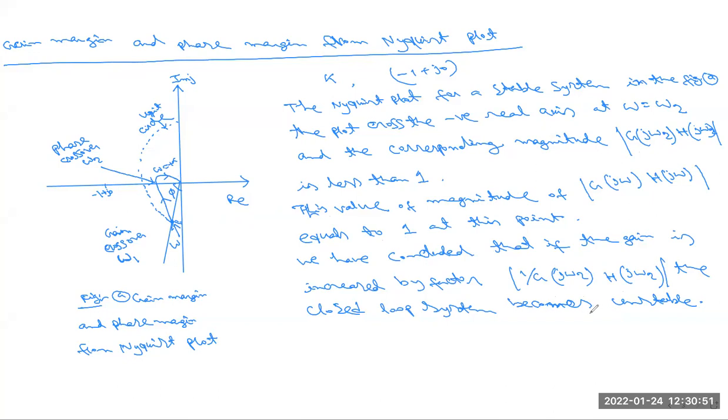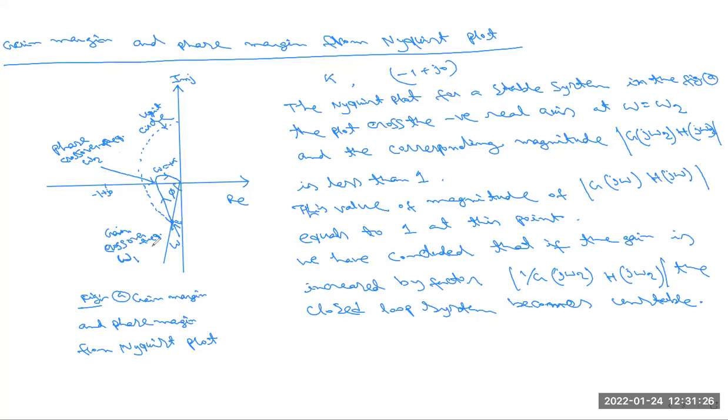So at this point, there exists a margin for increasing the gain of the system. The frequency omega 2, at which the Nyquist plot crosses the negative real axis, is termed the phase crossover frequency.